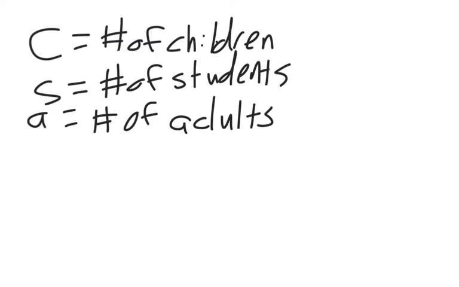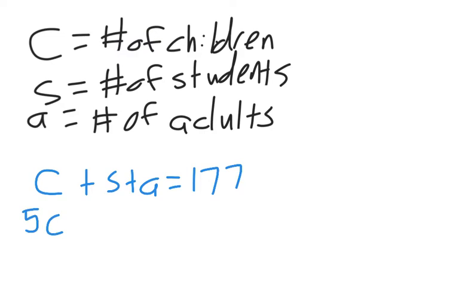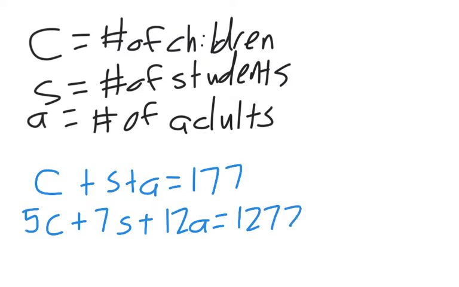There's 177 seats. So the number of children plus the number of students plus the number of adults is 177. We know that $5 times however many children there were plus $7 times however many students there were plus $12 times however many adults there were would equal how much money they made, which is $1,272.